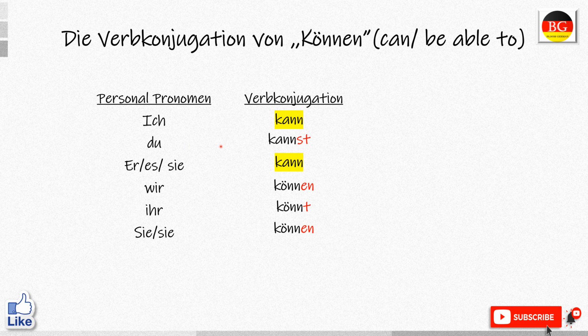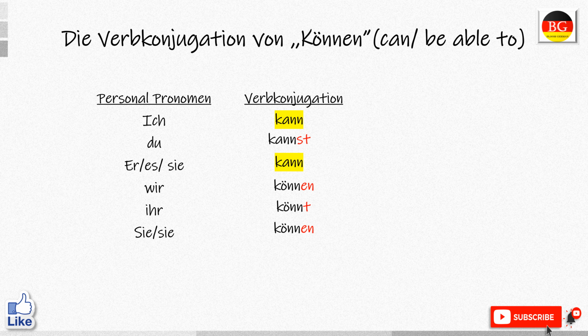For du we have given the ending st. For wir we have given the ending en. For ihr we have given the ending t. And for sie we have given the ending en. But there is a point to notice: for du it is not könnst, it is kannst. So keep it in mind.